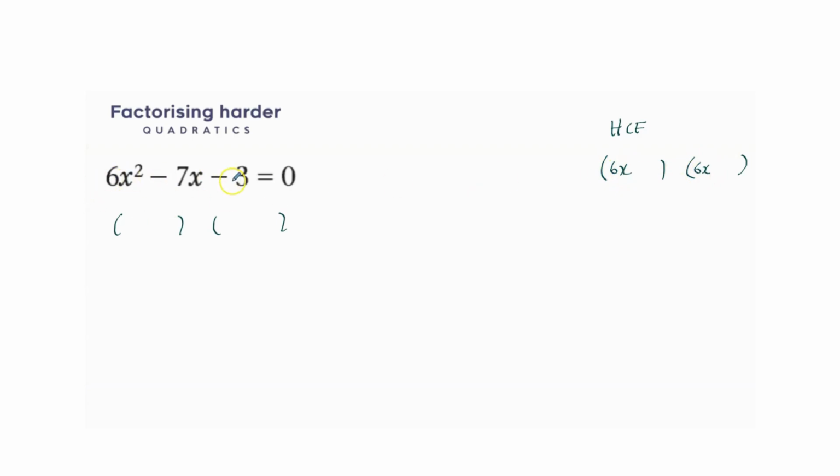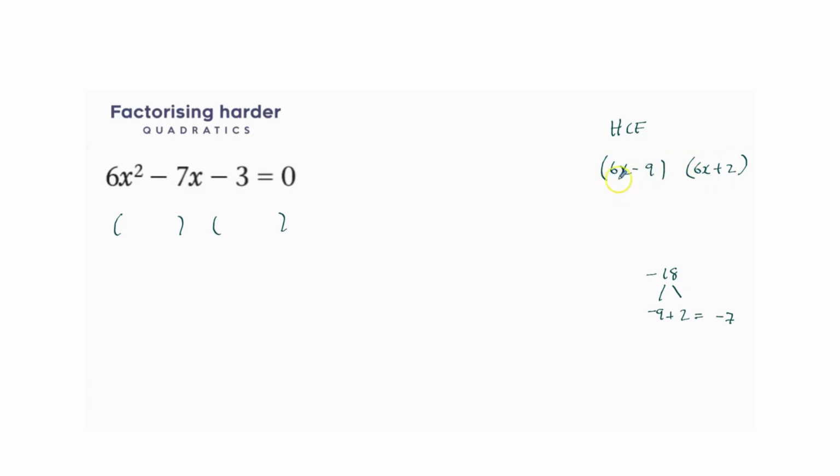We multiply 6 times minus 3, and that's minus 18. So we want the factors of minus 18 that, when we add them together, give minus 7. We know that minus 9 times 2 gives us minus 18, and when we add them together we also get minus 7. So it's minus 9 here and positive 2.